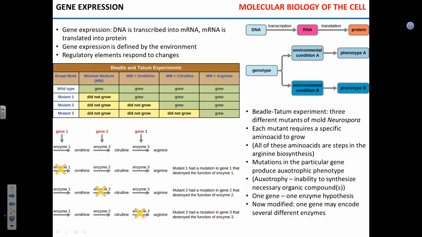So, expression of the genes, let's talk a little bit more. Again, you're probably getting tired from that statement. Gene expression defines the phenotype, and in turn, environment defines which genes are expressed. How? DNA has so-called regulatory elements, which means, let's say, concentration of carbohydrates, sugar concentration in the environment changes, okay?